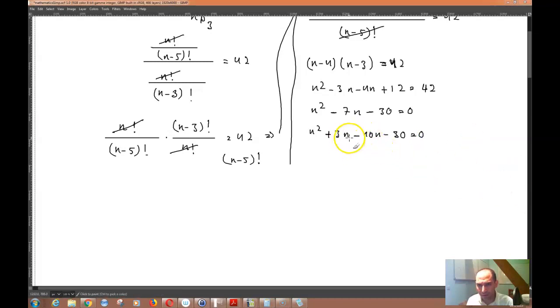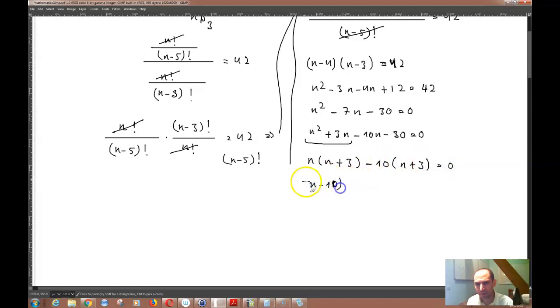And then I can take, for example, these two terms together and write it as n times (n plus 3), negative 10 times (n plus 3) is equal to 0, and that gives me (n minus 10) times (n plus 3) is equal to 0, which means that n is equal to 10, or n is equal to negative 3.